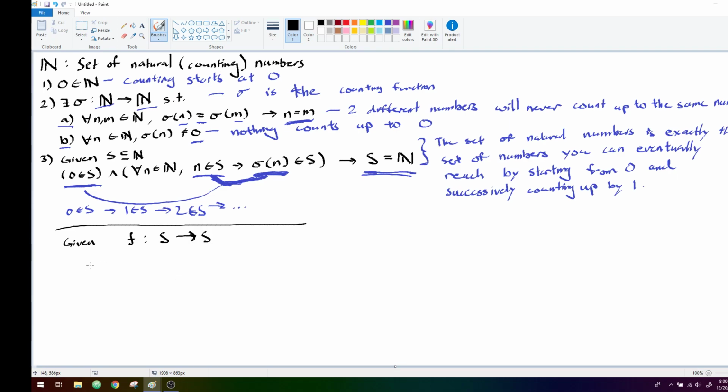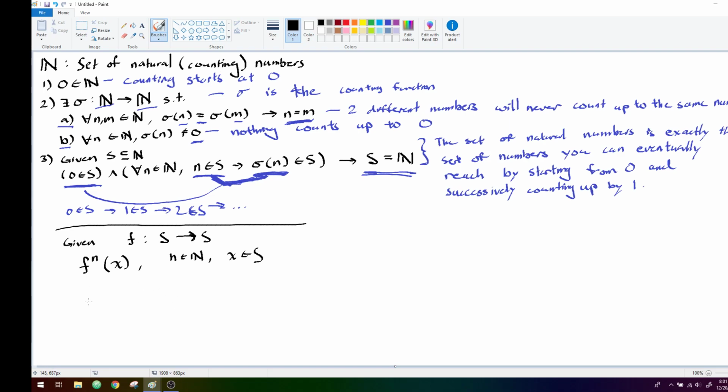We're going to define what it means to apply f n times to an element of S. So here we have that n is some natural number and that x is some element of our set S. And what does it mean for us to apply f n times to x?